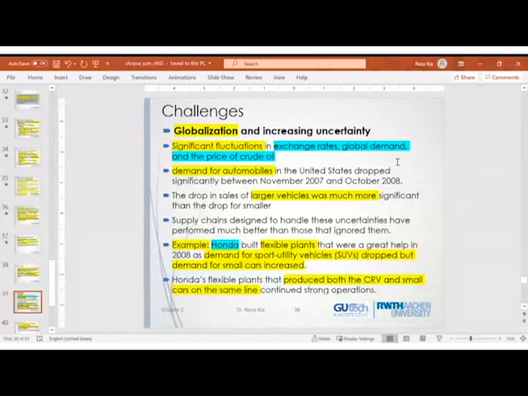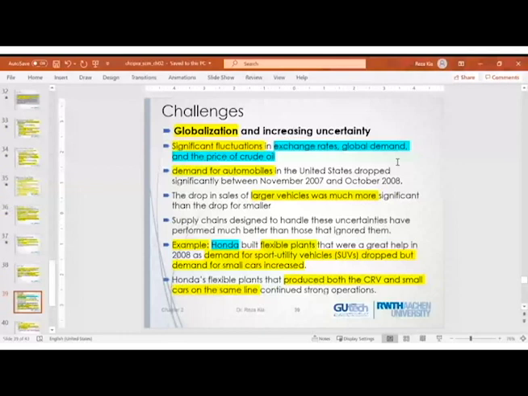So you can see that, as a consequence of globalization, these are some fluctuations that we can see. And one example that I mentioned here is related to the car industry or automobile industry. For example, in 2007 and 2008, there was a huge drop in the sales of vehicles in the US, specifically for large vehicles.